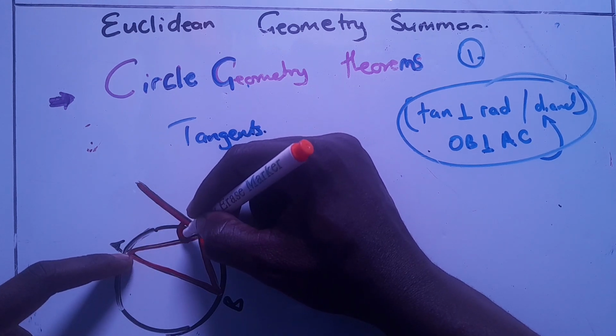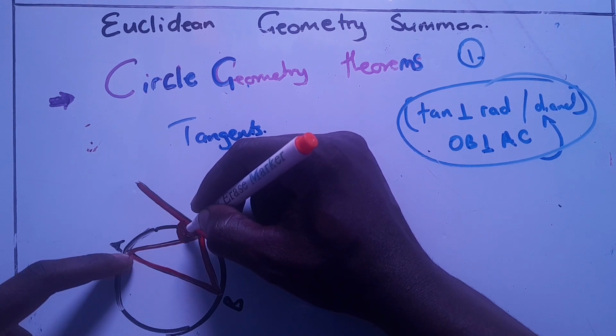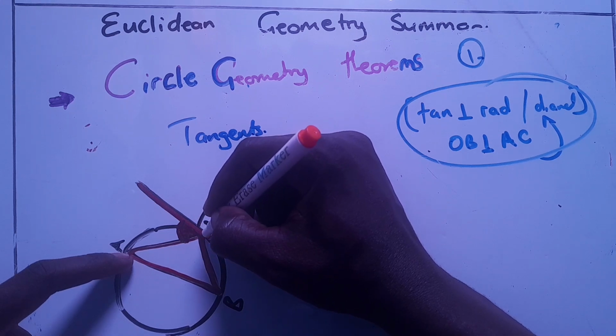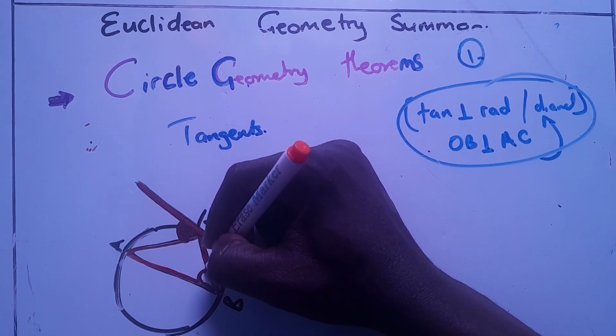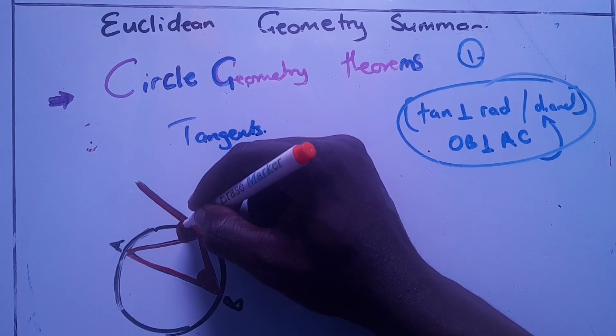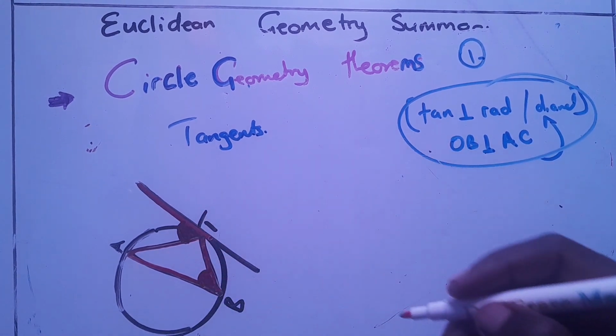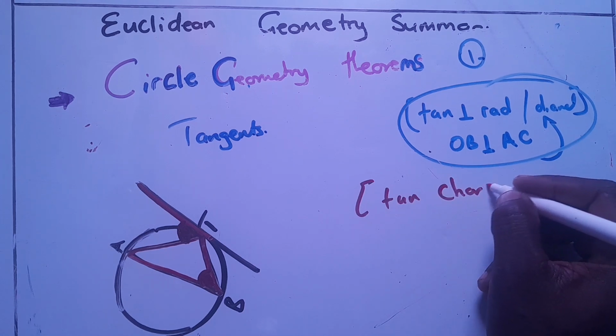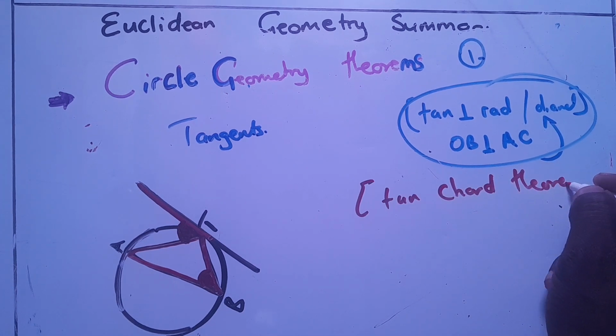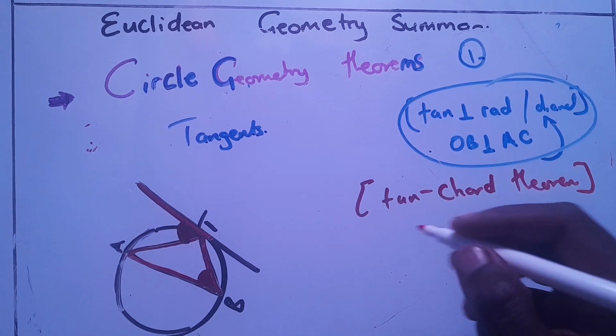This angle will always be equal to, if we follow that line, this one, and this is the tan chord theorem.